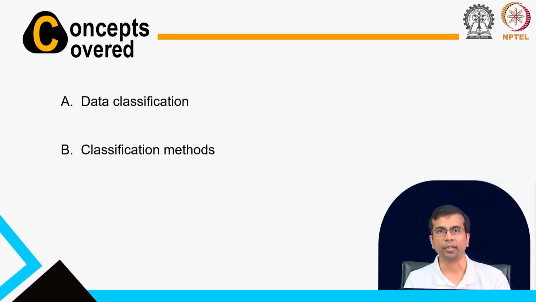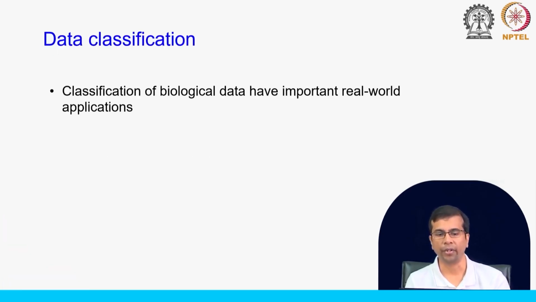So, let us first discuss what I mean by data classification. When I say data classification, we are looking at sample data, and we want to classify it into different classes. This problem has a lot of important real-world applications.